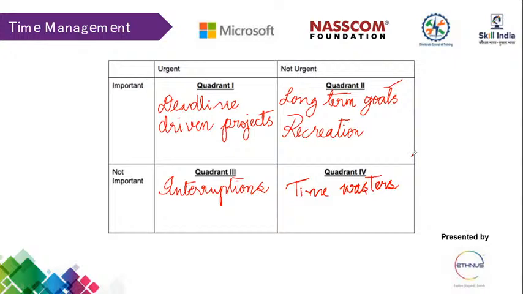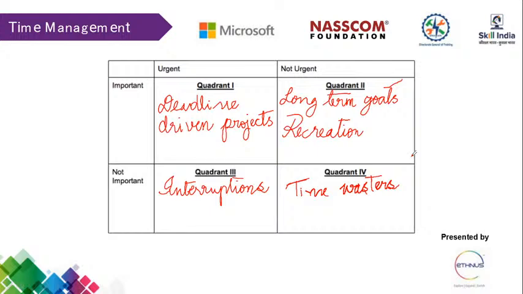This is a space where most of us spend more time, like watching movies or videos, for example TikTok videos. So this is the area where we should concentrate less because they are not important and not urgent. It could be done tomorrow, day after tomorrow.